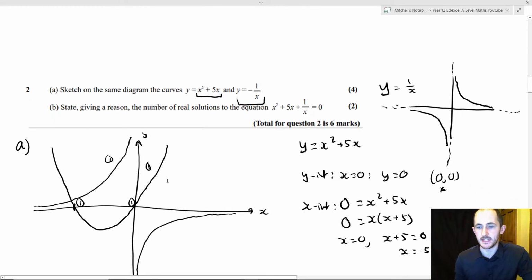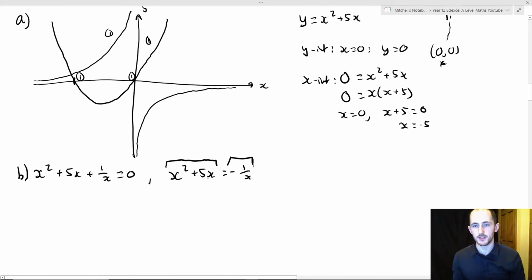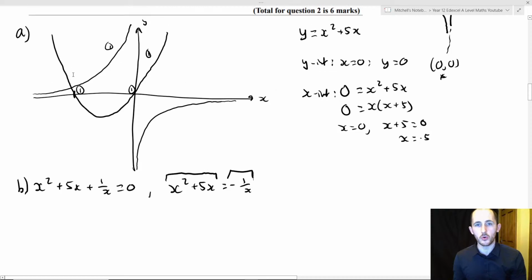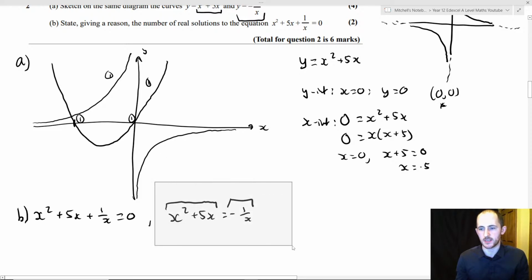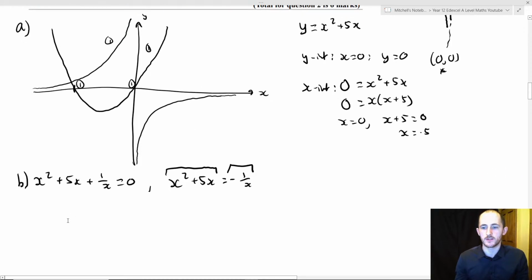Because you can actually read off the answers to this equation by just reading off the coordinates where they cross. Okay? And every time they cross, there is a solution to this equation. How many times do they cross? It crosses once, so there's only one solution.